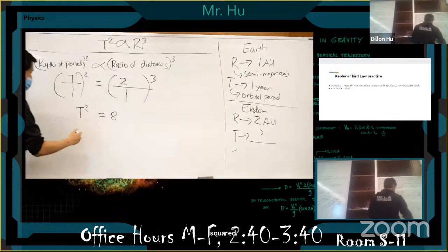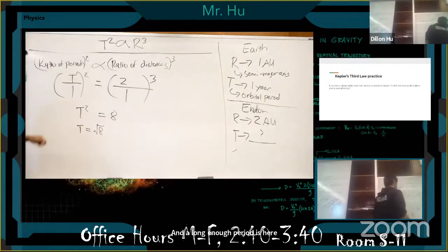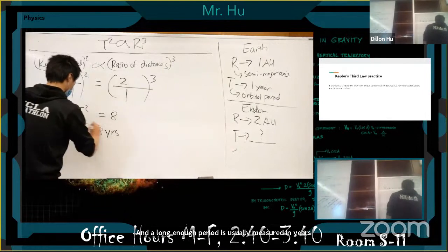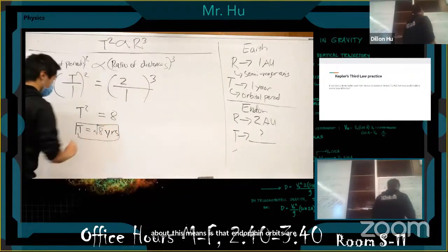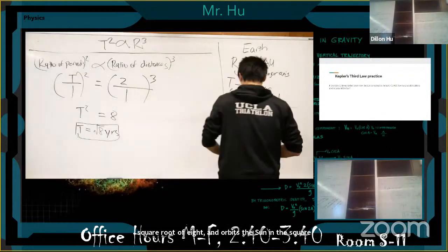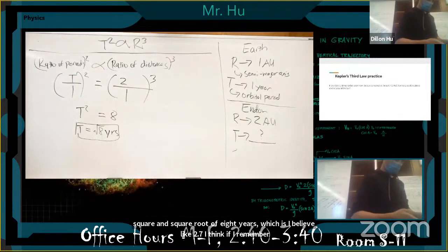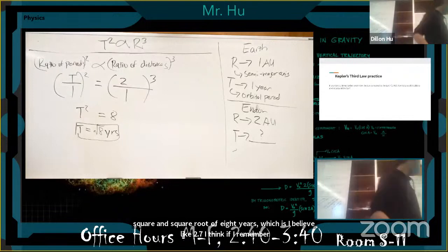Which means that my T should be the square root of 8. And our period is usually measured in years. So what this means is that Endor orbits the sun in the square root of 8 years, which is, I believe, like 2.7, I think, if I remember correctly. 2.8.